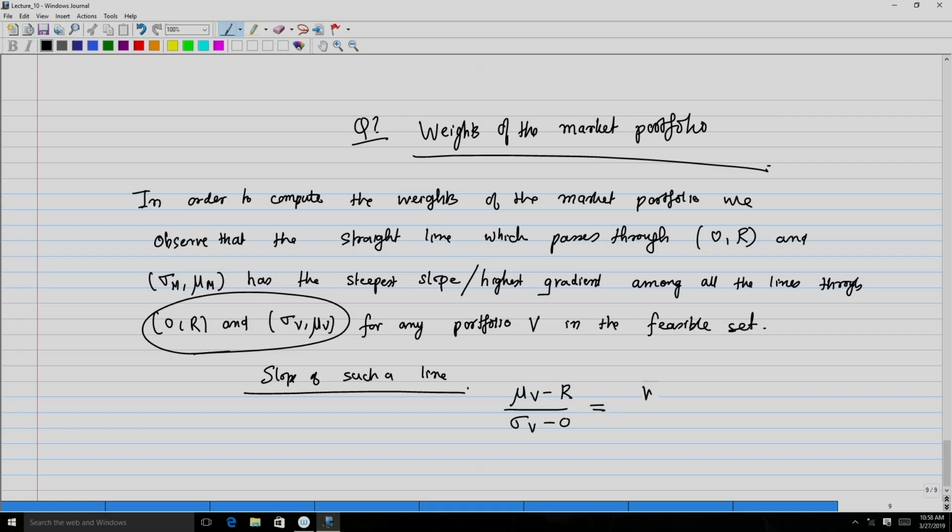What is mu_v? In the vector notation that you had used earlier, mu_v is going to be W m transpose, minus R, divided by sigma_v, which is the square root of W C W transpose, where W is the weight of portfolio V. So, W is basically going to be the weight of this particular portfolio in the feasible set of only exclusively risky portfolios. So, please keep that in mind.